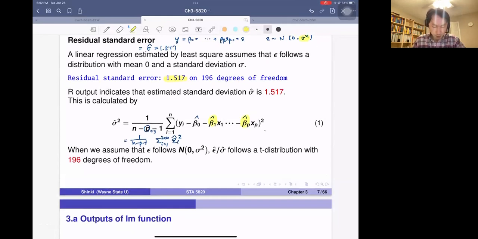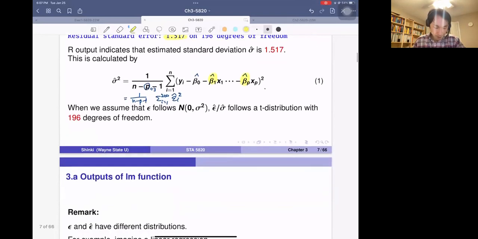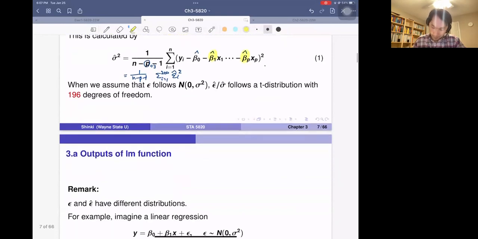Otherwise, sigma hat squared is biased. To avoid bias in sigma hat squared, we put n minus p minus 1 in the denominator. Here p is the number of predictors excluding the intercept. If we include the intercept, it's 1 over n minus p.